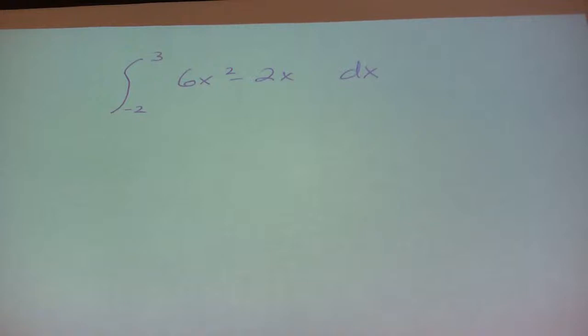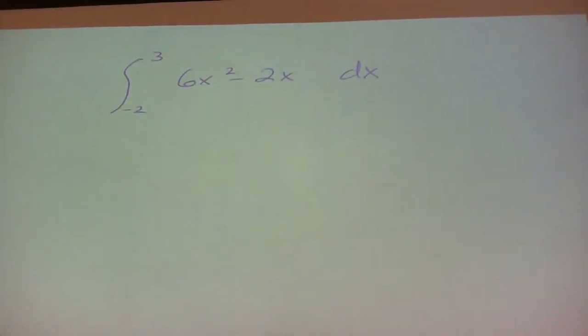Now, I'm going to add the average part later. Let's do a review problem. Just do this one, and I'll add the average part later. So just take the integral from -2 to 3 of this, check it in the calculator, and I'll add the average part at the end. But I'm using this more for practice. And just like last class, we did 10 of them. You got it, but if you haven't studied since, you don't got it.